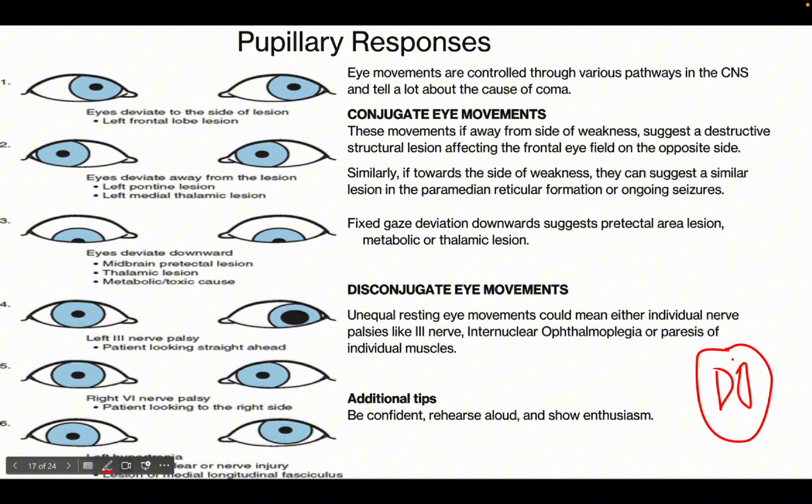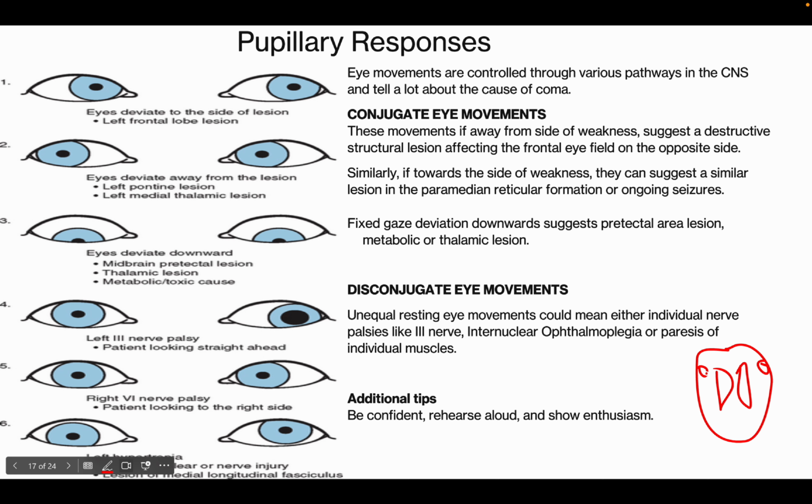So if you think about the frontal eye fields, they are areas of the frontal lobe on either side of the lateral ventricles, just in front of the primary somatosensory motor cortex. These are the two frontal eye fields. The function of these eye fields is that they help move the eyes in conjugate directions.